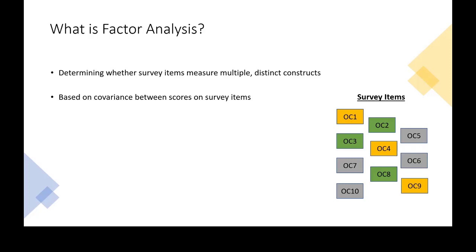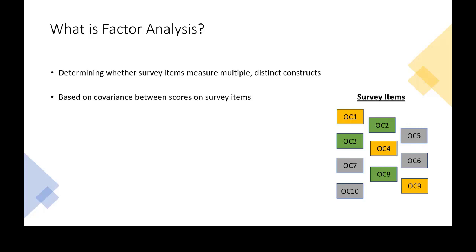What's really going on under the surface is you're looking at how items covary with each other. Covariance is basically an unstandardized type of correlation. If I respond highly to one item, do I respond similarly to another item? And you're looking at that pattern across all of your items in your scale and seeing if some items have stronger covariances together than others. And you're pulling that out.